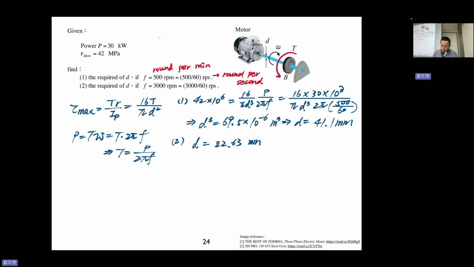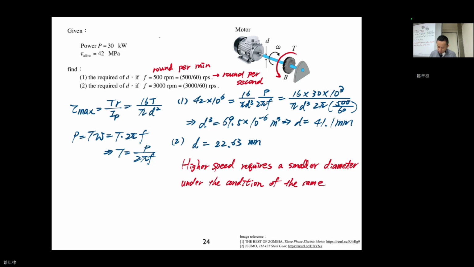So you see that higher speed requires a smaller diameter, under the condition of the same power and allowable stress.